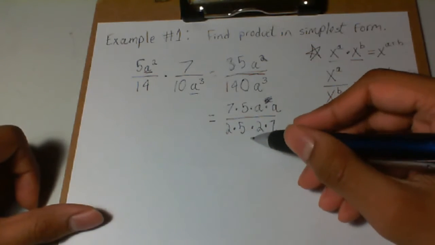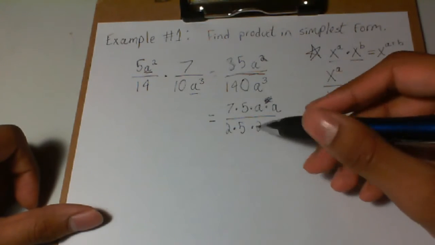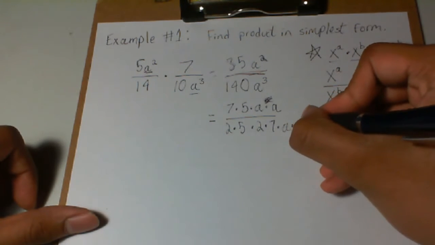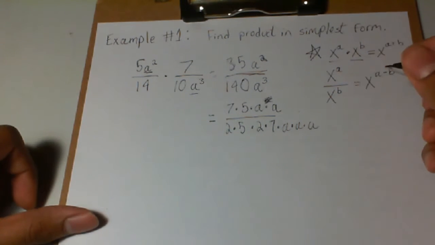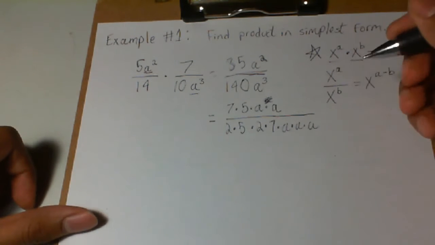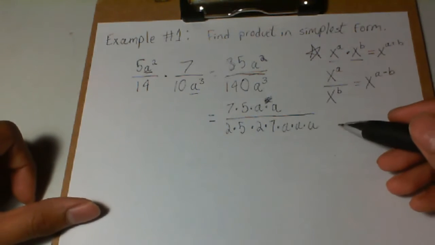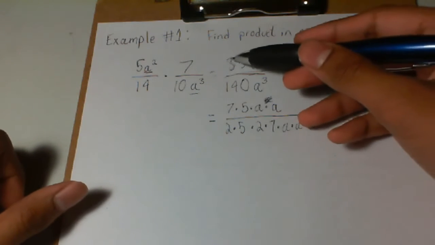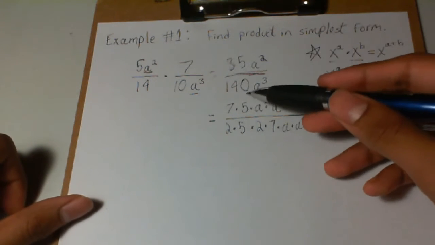So 2 times 5 times 2 times 7 is going to be 140, and same thing with the a. So there we go. We got all the prime numbers of these two values, 35 and 140.